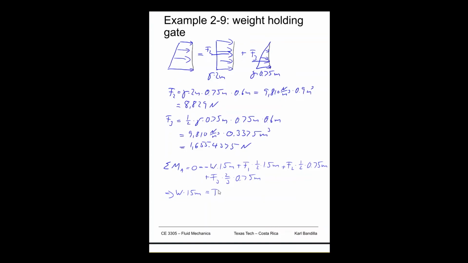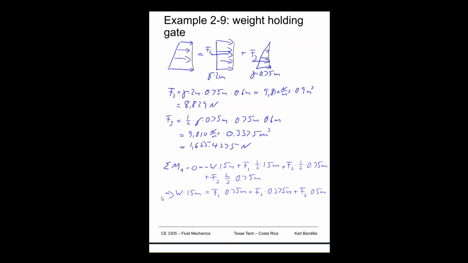So we get F1, half of 1.5 is 0.75 meters, plus F2, 1/2 of 0.75 is 0.375 meters, and then 2/3 of 0.75 is 0.5, F3 times 0.5 meters.